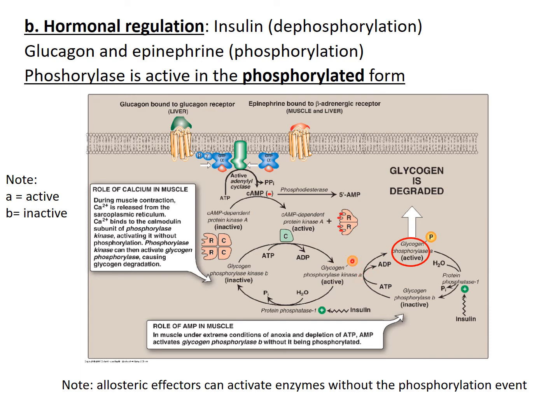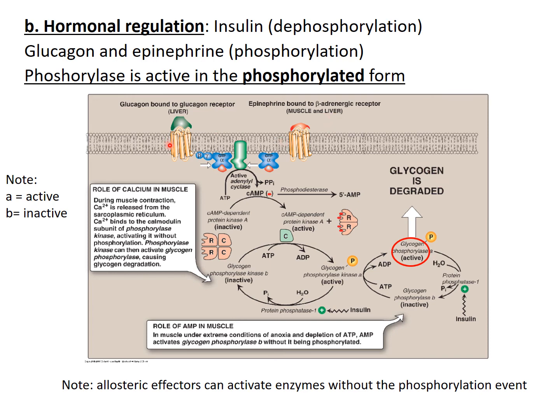So the phosphorylated form is active. And this is a key enzyme to phosphorylate and activate glycogen phosphorylase. And this is the active form, phosphorylated, and it's A, and then it will start glycogen degradation.